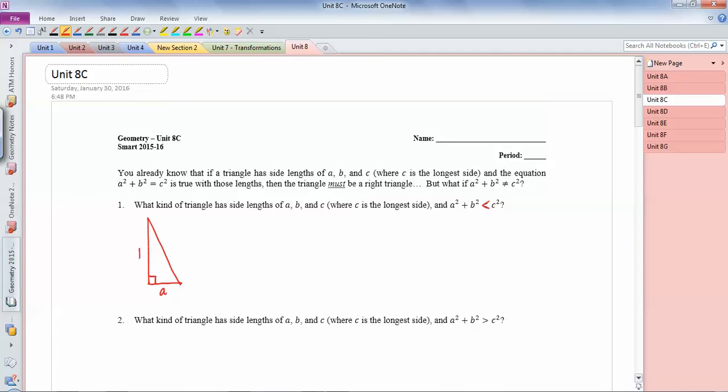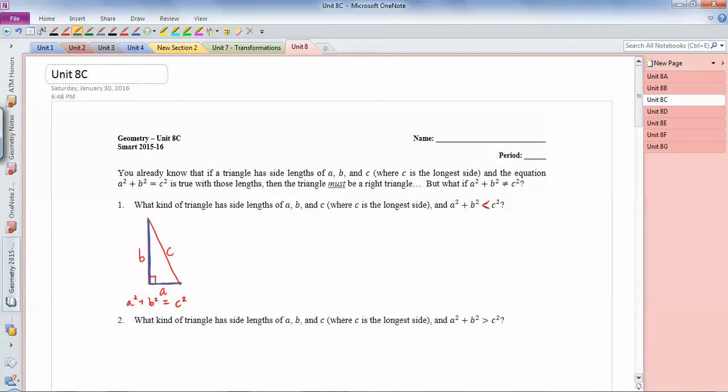A squared plus B squared equals C squared in this case. A and B are locked in. C is a certain length that makes these things squared equal.